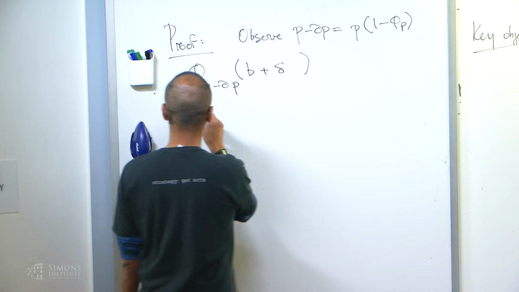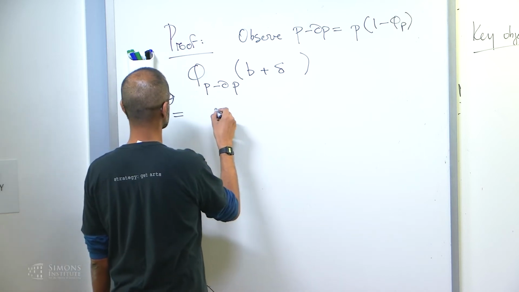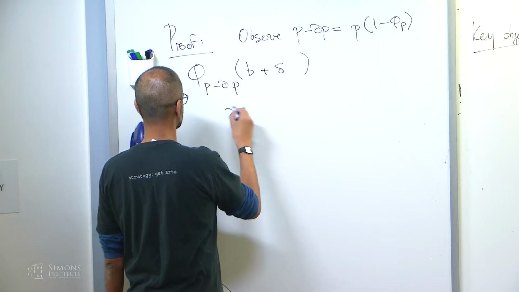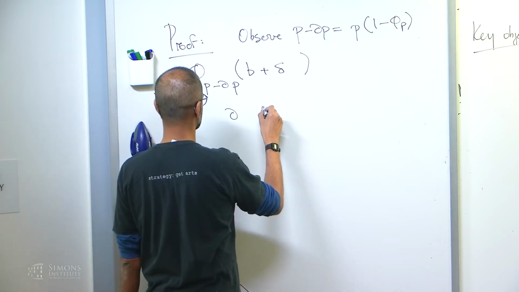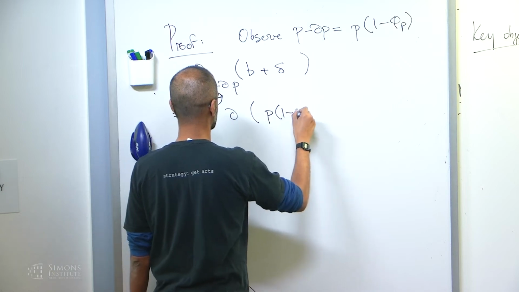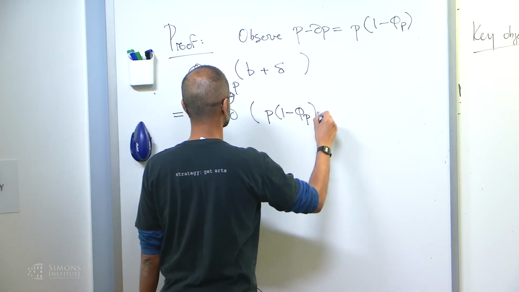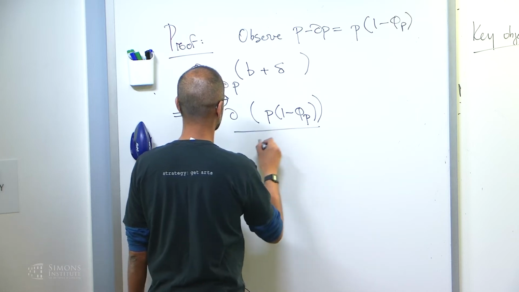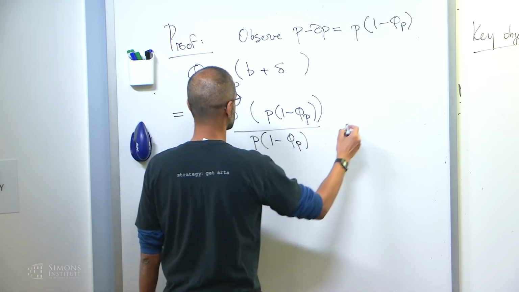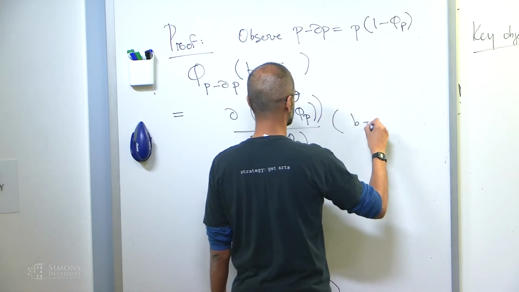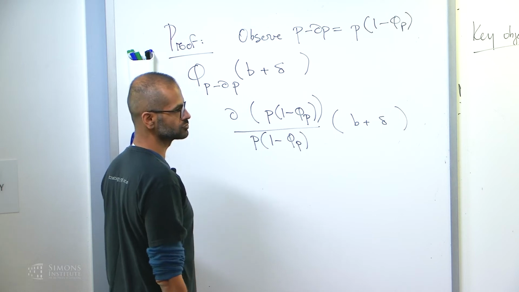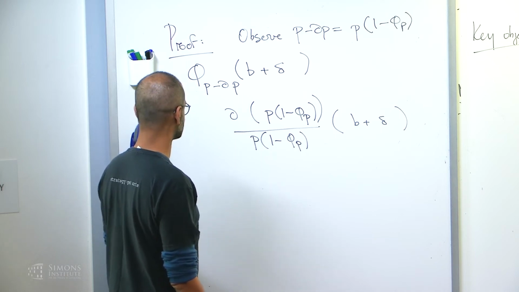What that means is that this new barrier function is the derivative of P minus its derivative, which is P times 1 minus phi of P, divided by P times 1 minus phi of P, evaluated at this point, B plus. That's just the definition.